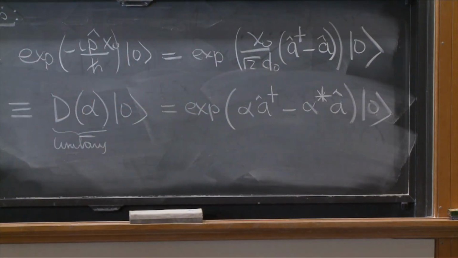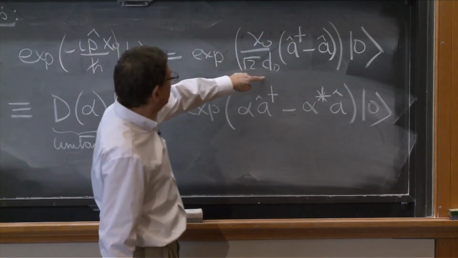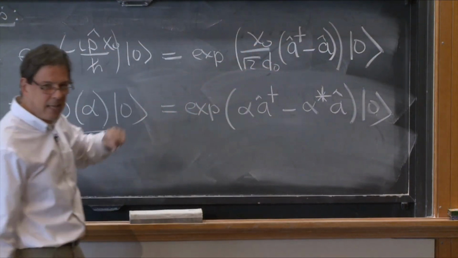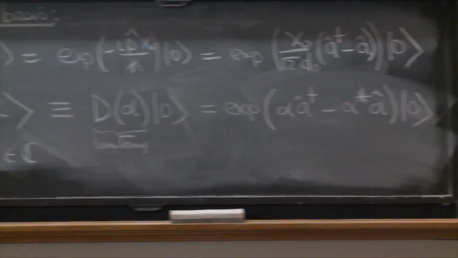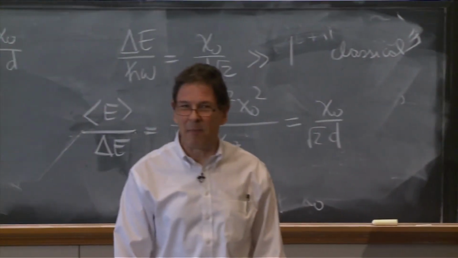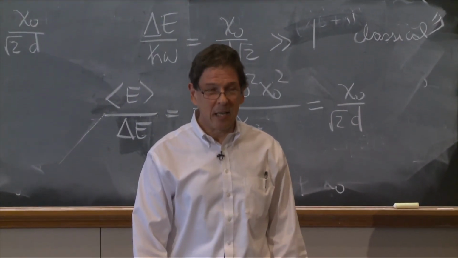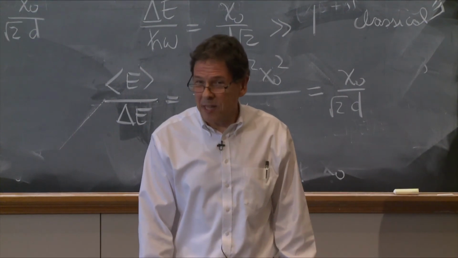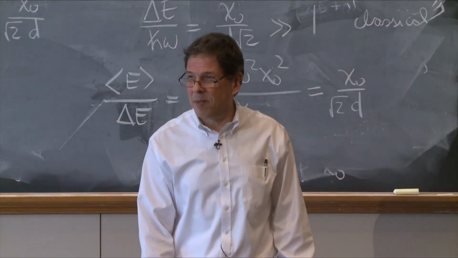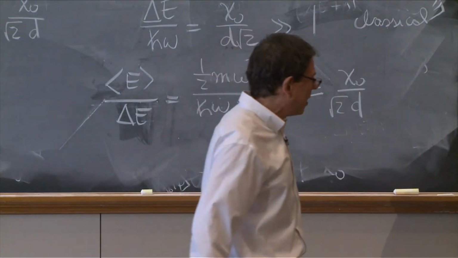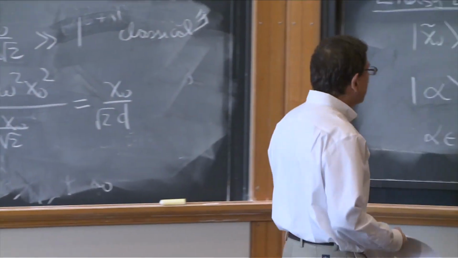This thing for alpha equal to this real number reduces to that. But now, with alpha complex, it's a little more complicated operator. And it's more general, but it's still unitary, and it preserves the norm. And it's most of what you want from these states.